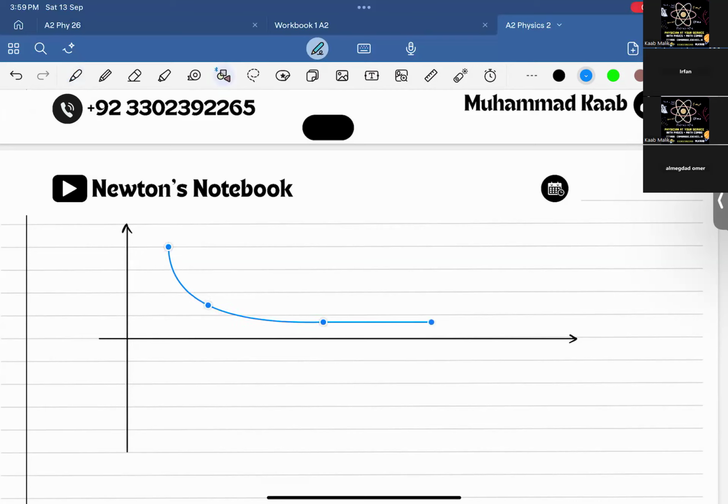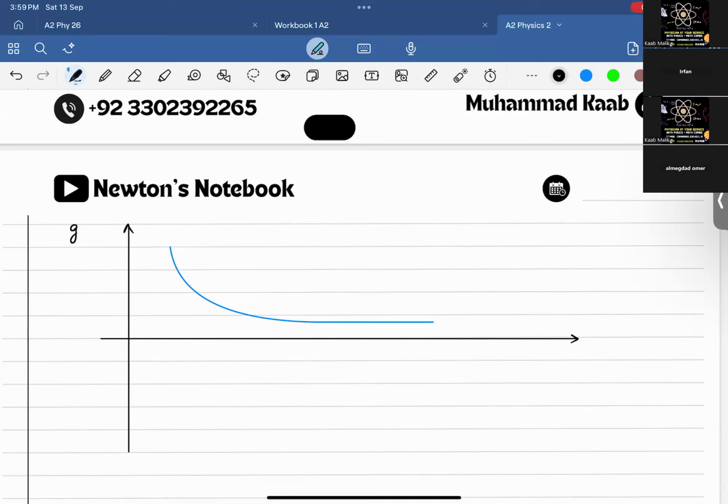So this will be the graph for the first one. I'm drawing g in newtons per kg, and distance in meters.